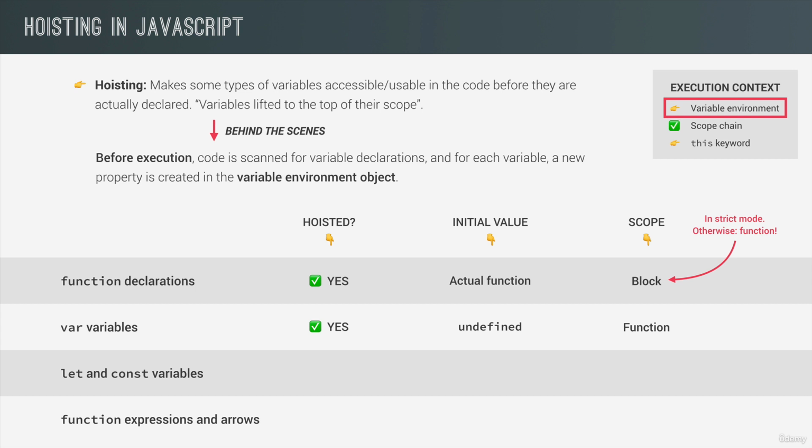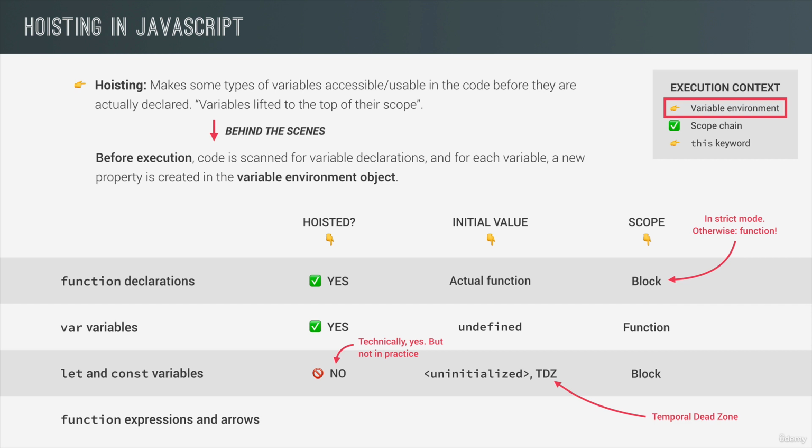Now, on the other hand, let and const variables are not hoisted. I mean, technically they are actually hoisted, but their value is basically set to uninitialized. So there is no value to work with at all, and so in practice, it is as if hoisting was not happening at all. Instead, we say that these variables are placed in a so-called temporal dead zone, or TDZ, which makes it so that we can't access the variables between the beginning of the scope and the place where the variables are declared.